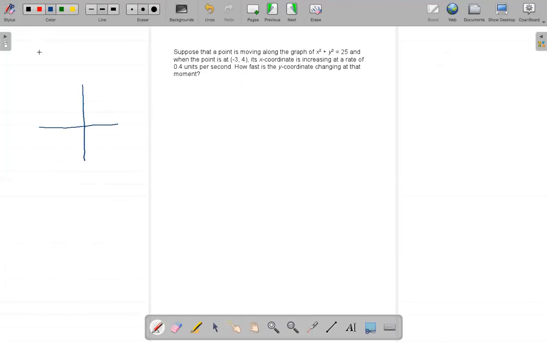So we know the general equation of the circle is (x minus h) squared plus (y minus k) squared equals r squared, where r is the radius, right? And this h and k are the center.